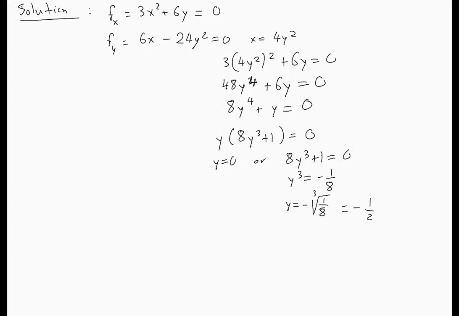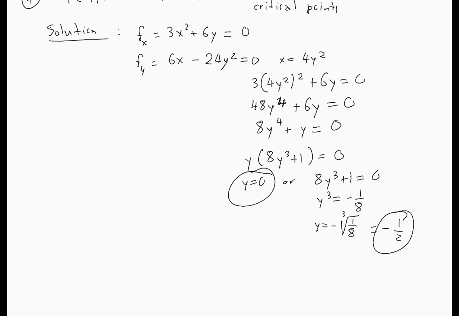Now, if you have those, then you can easily find what x has to be from the second equation. Remember, I told you that x is equal to 4y squared. So if y equals 0, that will tell you that x is 0, giving the point 0, 0. So that's one critical point.